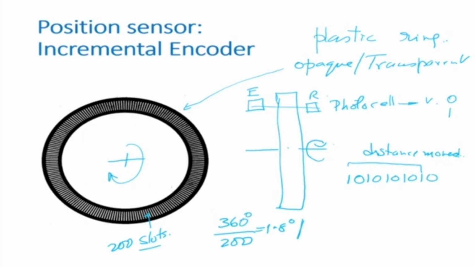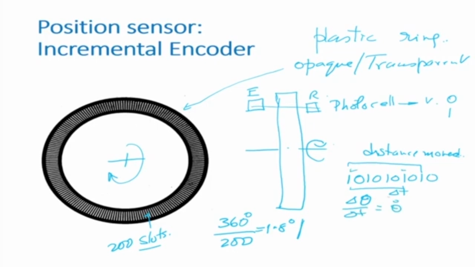Now this is giving us theta. If you can count how many bits have gone through, then you can know the theta, the angle it has moved through. Let's say this is del theta. If you know the time it took to go from here to here, then it is del theta by dt. So this is theta dot.